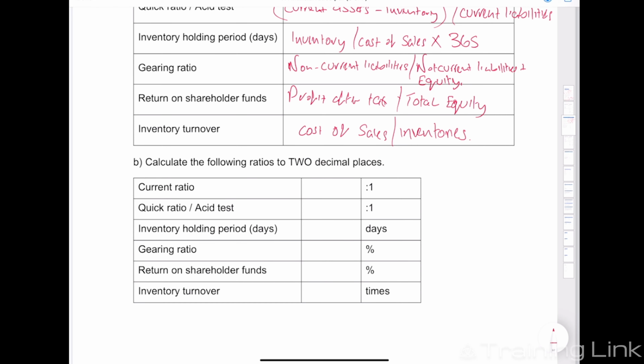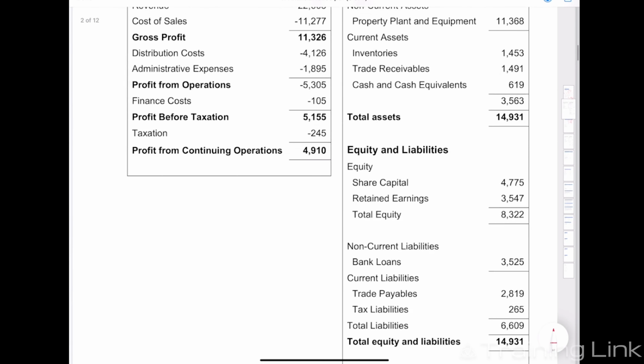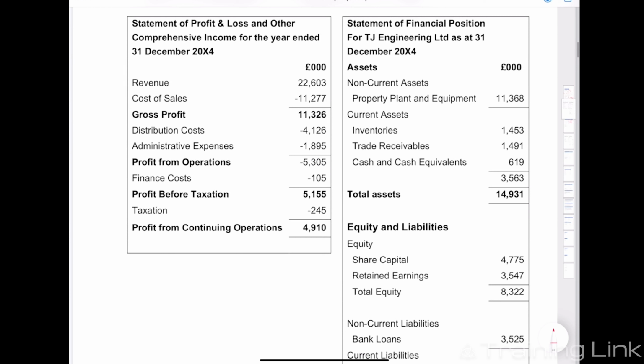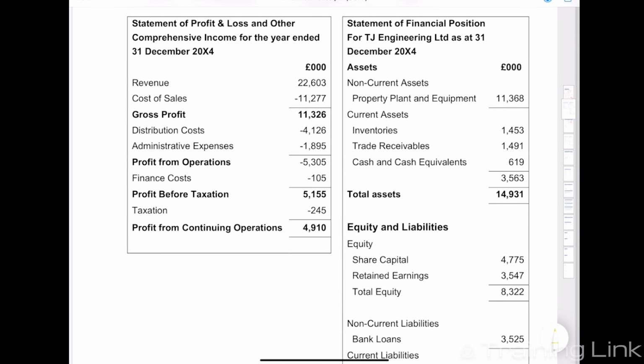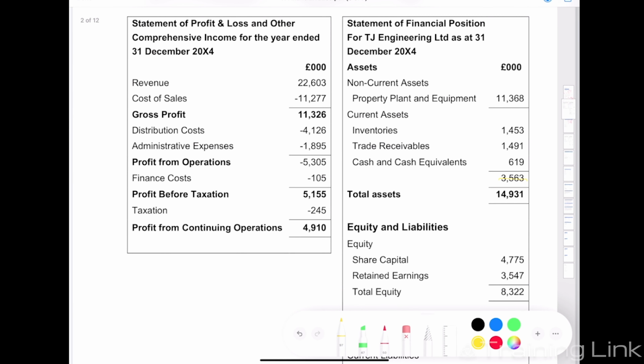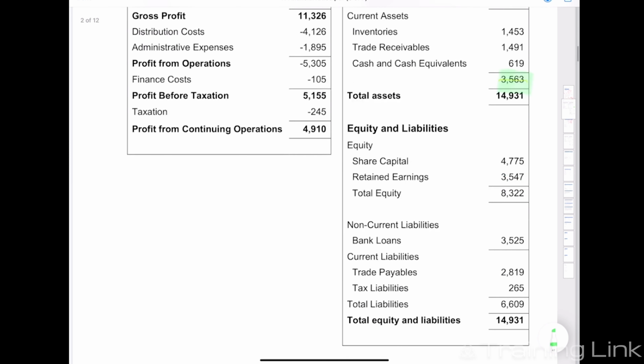So we go back up to our P&L and statement of financial position, and we can see that we've got current assets and current liabilities.